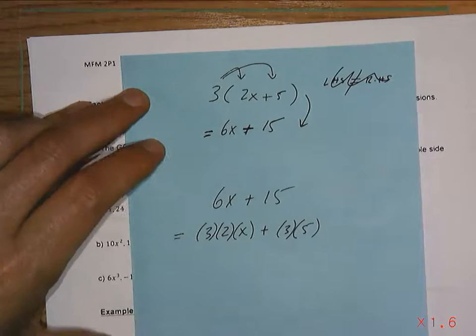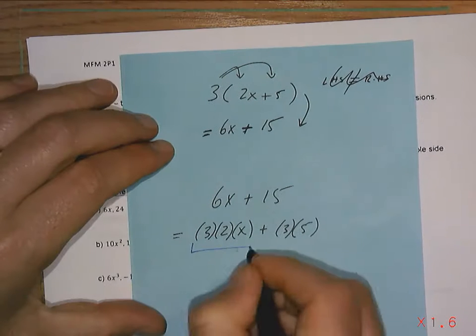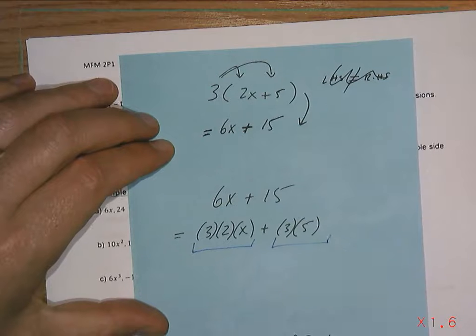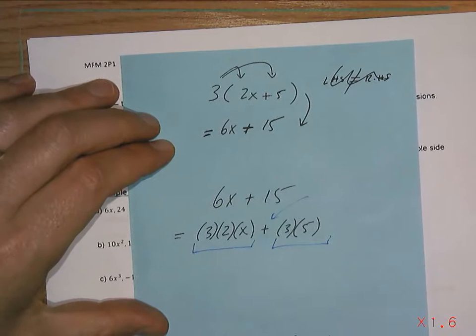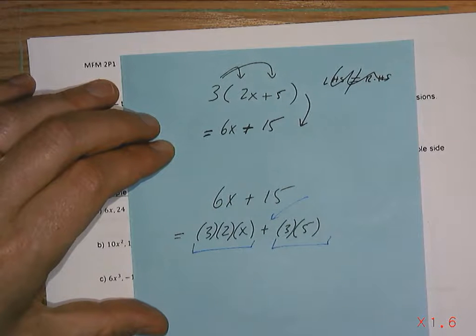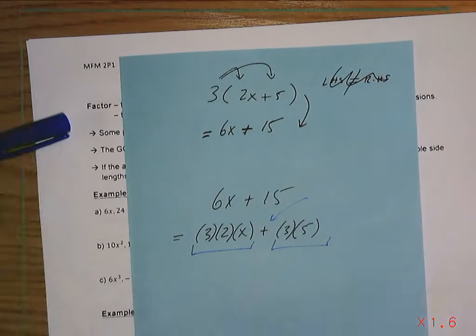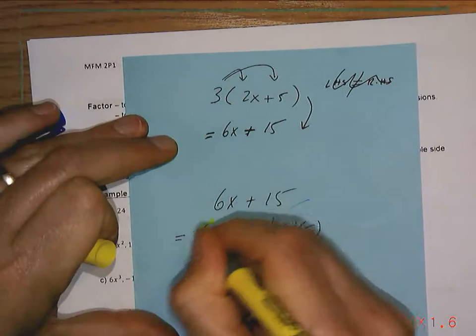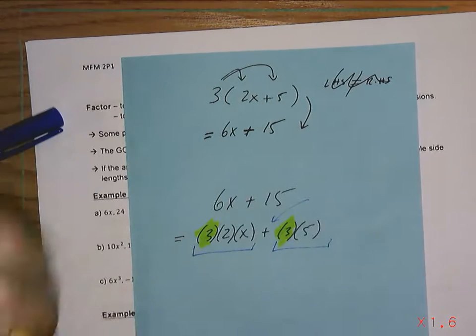But you'll notice that both this term, so that's one term, that's another term, and they're separated by a plus sign, an add or subtract, these two terms both have something in common. They both have a multiple of 3 in them.